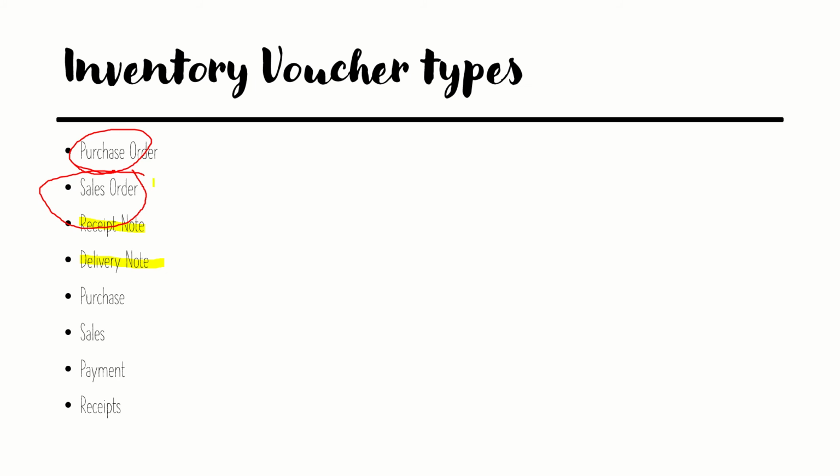After you receive the item, next we go for the accounting side. We have to account for it. We make a purchase voucher, and when you deliver the item, we make the sales voucher. Once you make a purchase voucher and sales voucher, that will affect your accounting side, and the receipt note and delivery note will affect your inventory side.